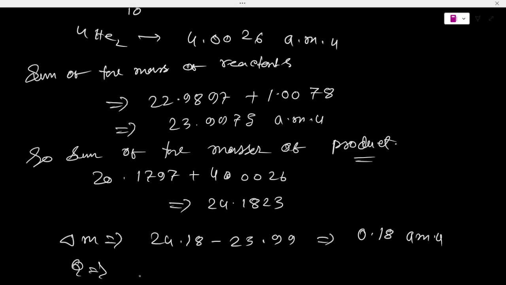So Q will be 0.18 into 931, so it will be around minus 172.04. This will be the answer.